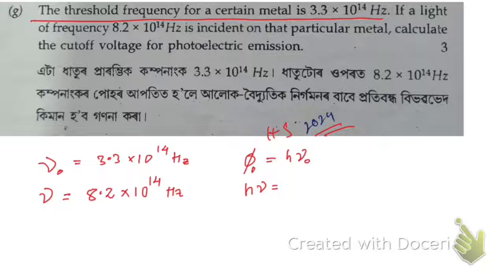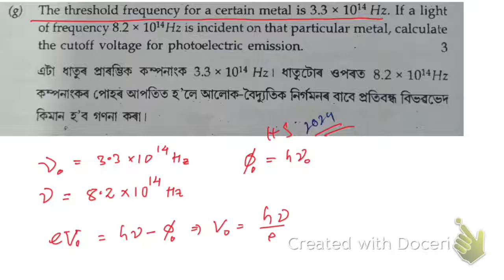In order to find the cutoff voltage, we know that maximum kinetic energy is equal to H nu minus phi naught, and this maximum kinetic energy is equal to E into V naught. V naught is the stopping potential. So let us find V naught is equal to H nu by E minus phi naught by E.